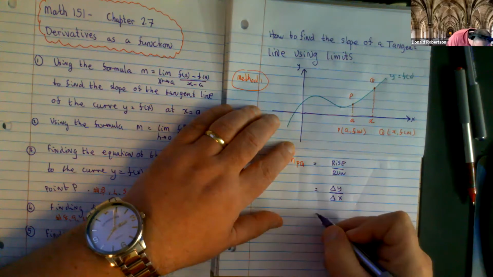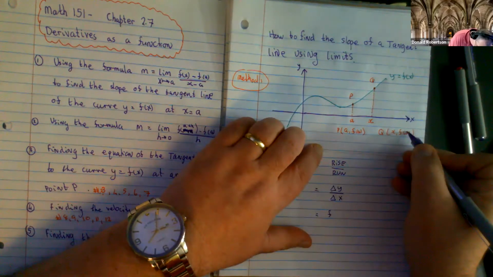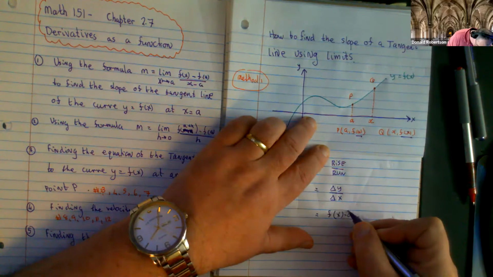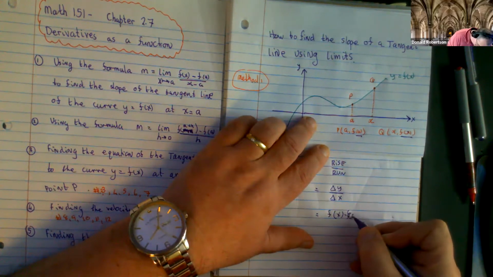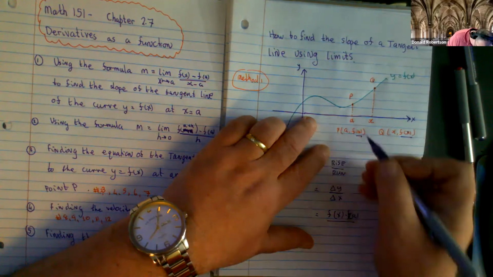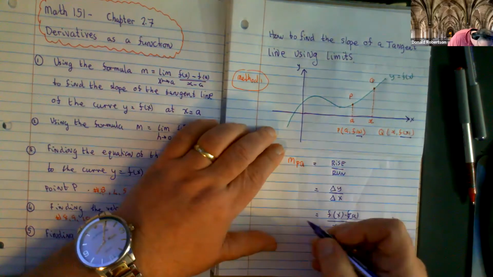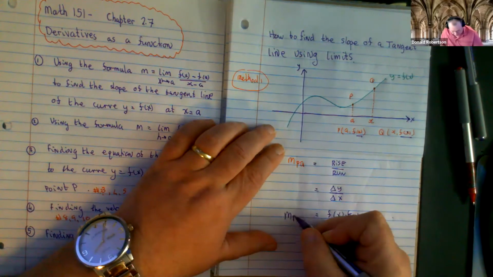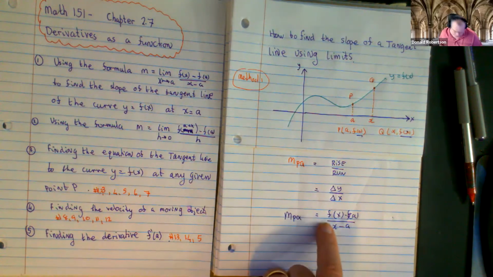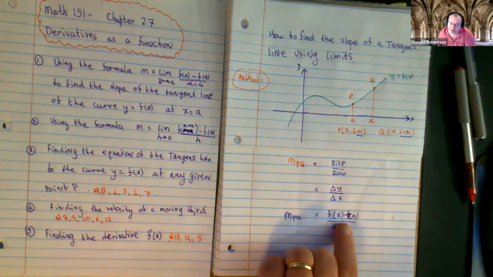And in this case, the difference in the y coordinates is that guy take away that guy. And the difference in the x coordinates is that guy take away that guy. And so the slope of the line joining P to Q, this would be its formula: f of x take away f of A over x minus A.